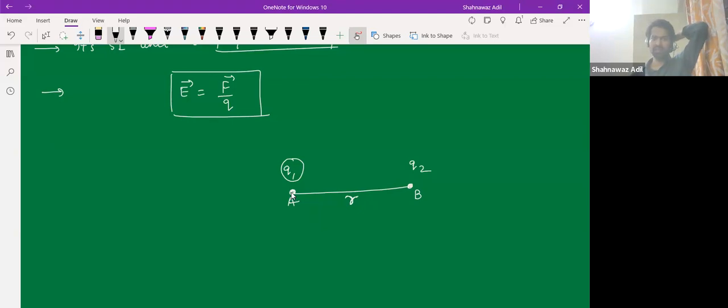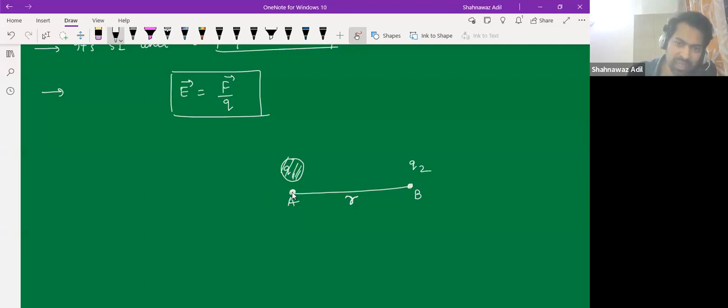Due to the Q2 charge? Yeah. So the electric field at point A would not be due to this charge. We will just omit this out.